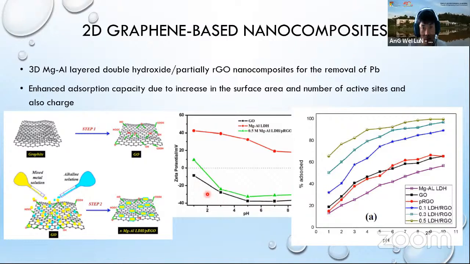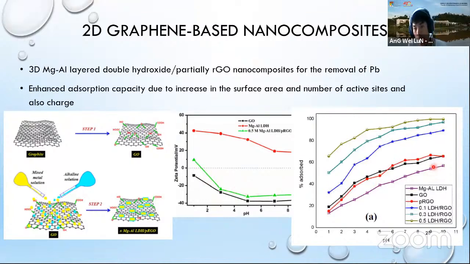When they modified it with this magnesium aluminum layered double hydroxide, the original MgAl LDH is positively charged. So when you combine them with the graphene oxide, somehow you still get a negative charge for the composite adsorbent.